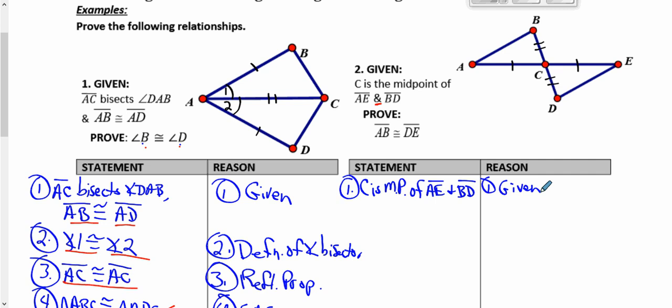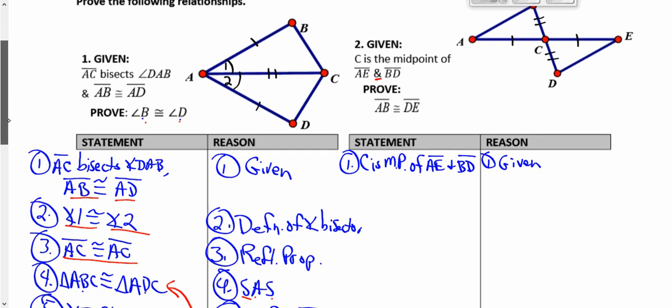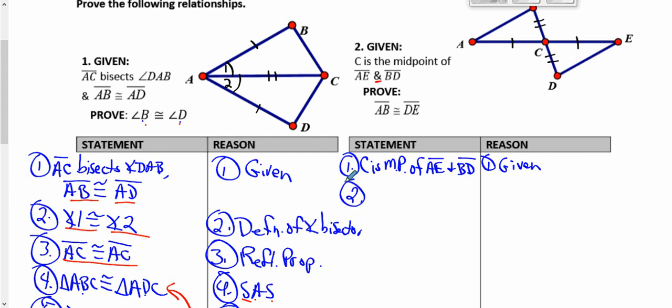Okay, let's do that. So we got 2. I guess I spilled over from the other one. I can say AC congruent to DC, and the other one would be, oh, not AC and DC. No, I'm thinking of the band. AC congruent to EC, right?